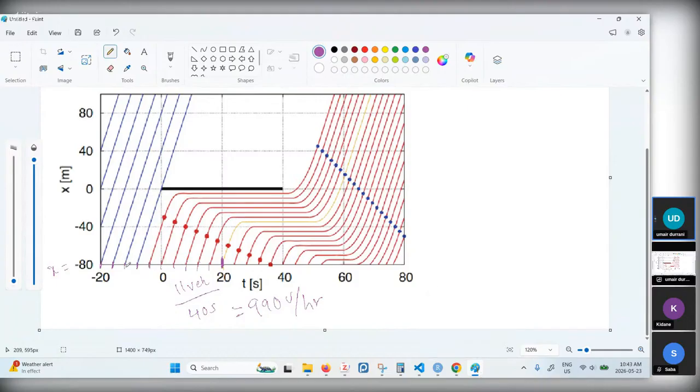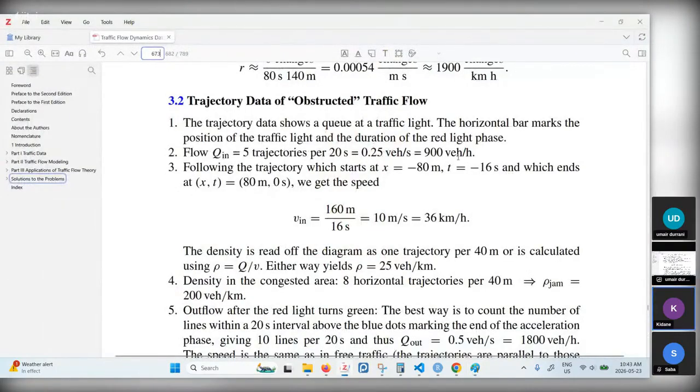So I don't know why they didn't consider this part, although in the question it says t less than or equal to 20 seconds. So that should include this part. But roughly it's the same. We have 990 vehicles per hour as per our calculations, and their calculations say 900 vehicles per hour.